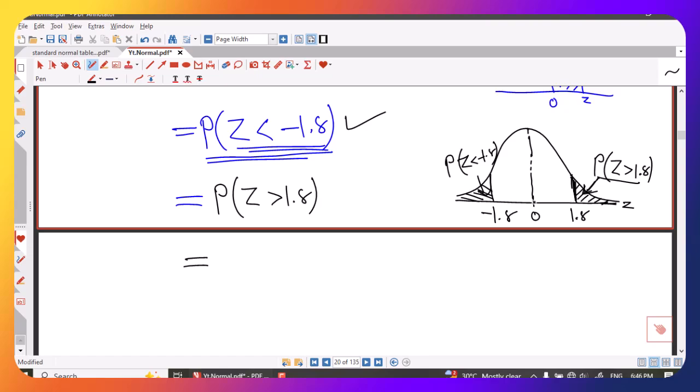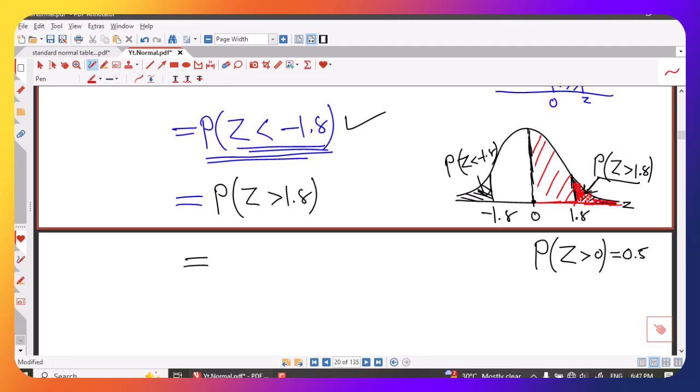Now we know that area to the right of 0, probability that z is greater than or equal to 0 or strictly greater than 0, is 0.5. That is, this total area to the right of 0 is 0.5, and we are interested in the area to the right of 1.8.